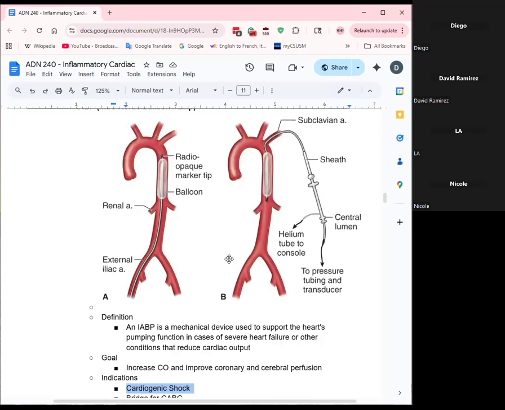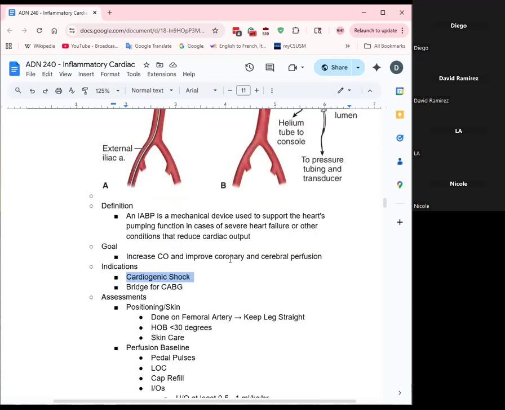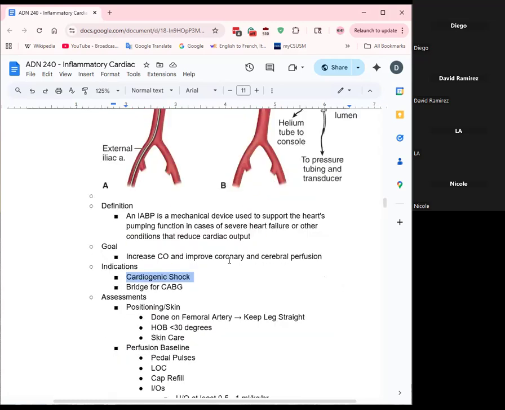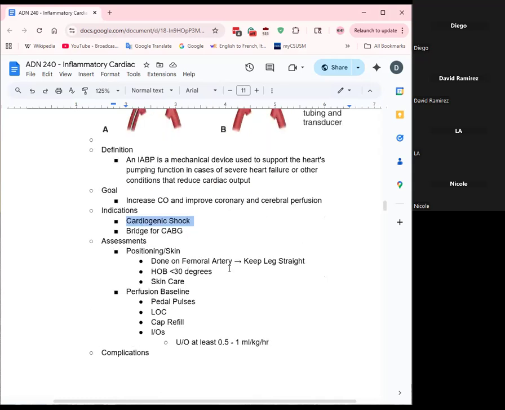So the important thing you need to know is that it will typically be inserted through their femoral artery, which is in their leg. The important things that they will ask for this is that their leg might have something that keeps it straight.